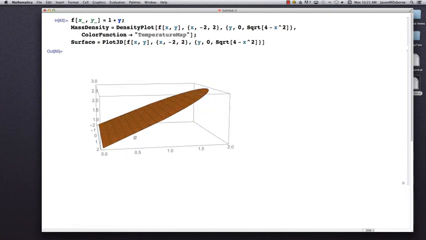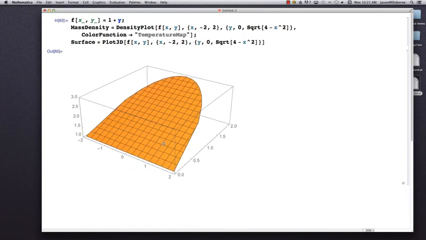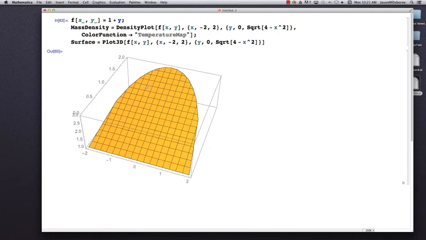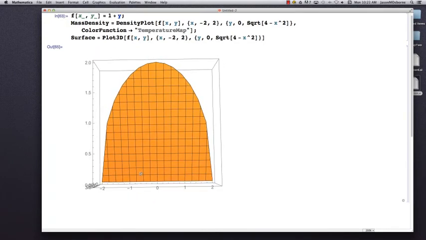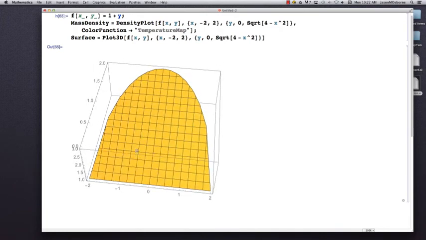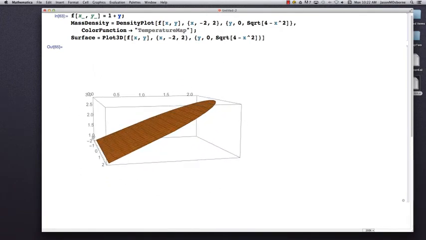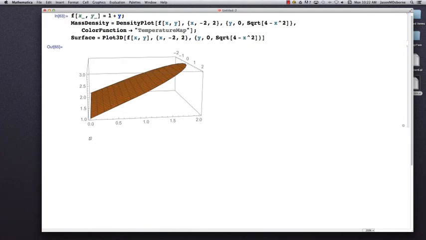It is a plane, except it's not so rounded here because we're not plotting this plane over a rectangular region. We are plotting this plane over that semicircle region. So there is our function, the surface.